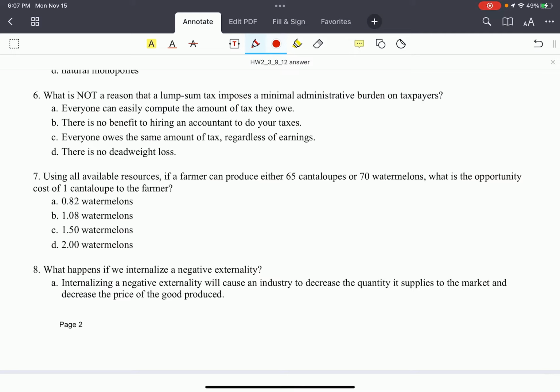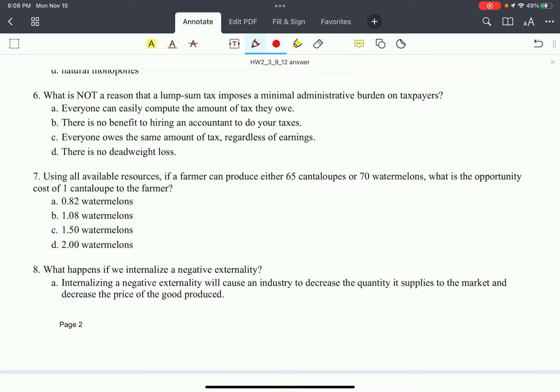Okay, 6, what is not a reason that a lump sum tax imposes a minimal burden on taxpayers? So when we talk about the cost of taxes, there are 2 major components. The first is administrative burden, and the second is deadweight loss.